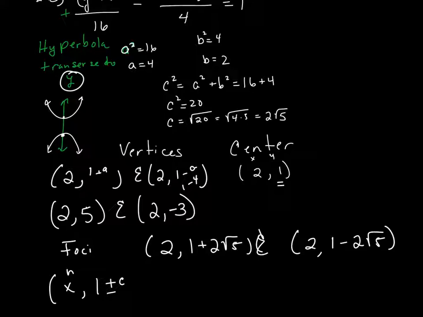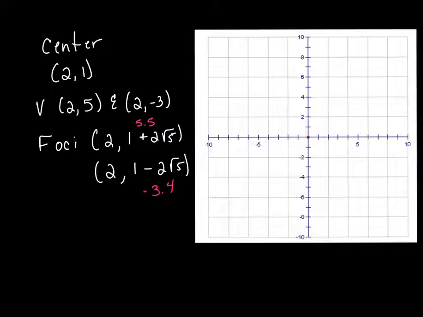Let's go ahead and copy all of this information over so then we can graph the hyperbola. Okay, so when I copied them over, I did turn the foci y values into decimals to make them a little bit easier to graph. So my center of this hyperbola is at 2, 1, which is right about there.